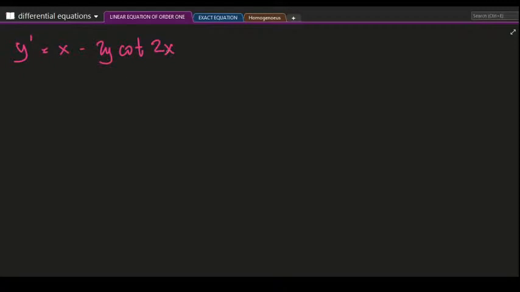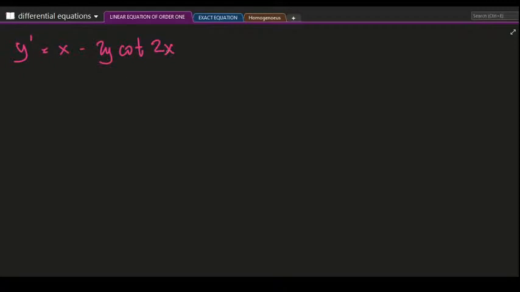After that is the sum and difference of two angles, then the double angle identities, then the half angle identities. I believe those are the trigonometric identities that you can use in this topic or all other topics in mathematics.